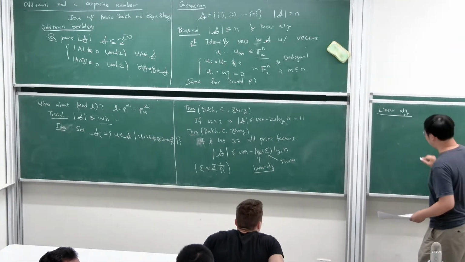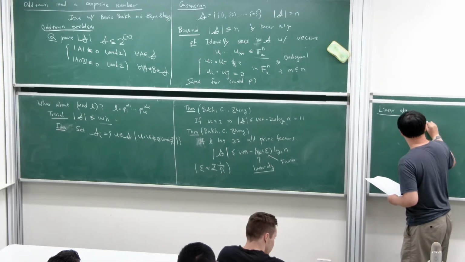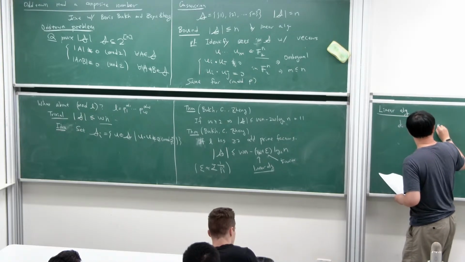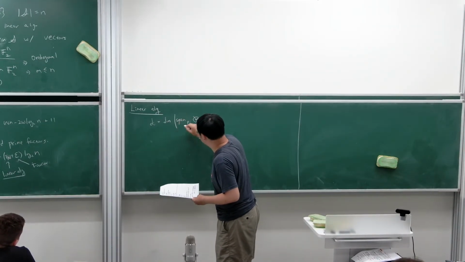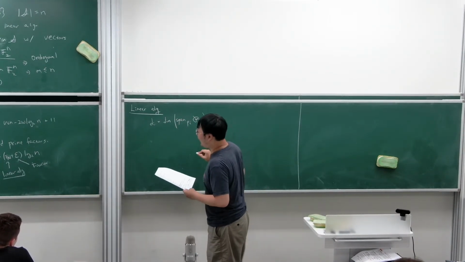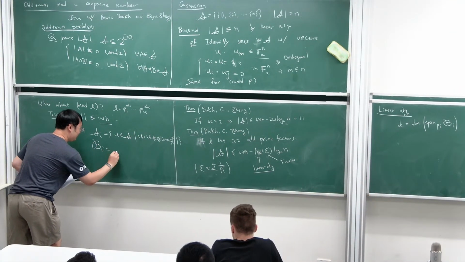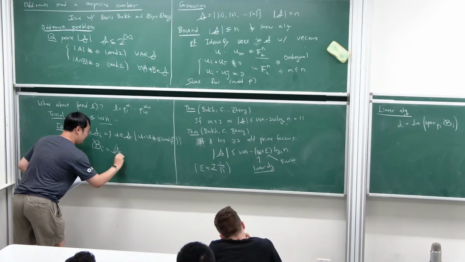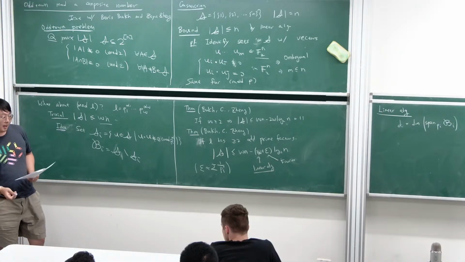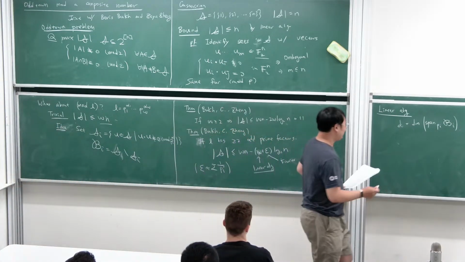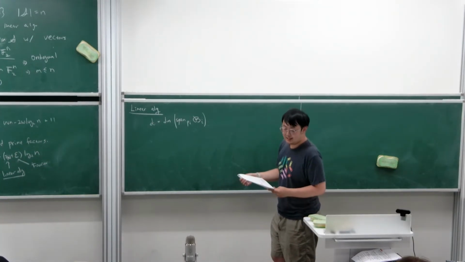For the linear algebraic part, let's assume d_i is the dimension of the span of B_i over the field F_{p_i}, characteristic p_i, where the set B_i is the complement of A_i, A minus A_i. So I'm going to look at the dimension of the span of B_i over F_{p_i}.